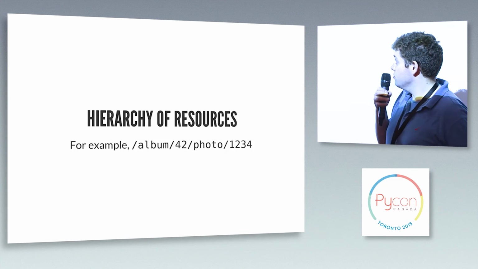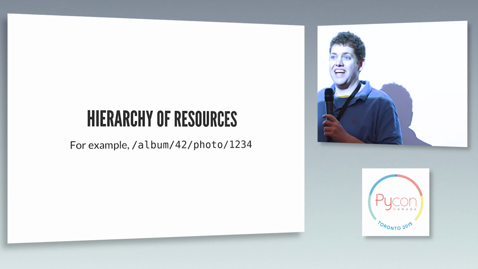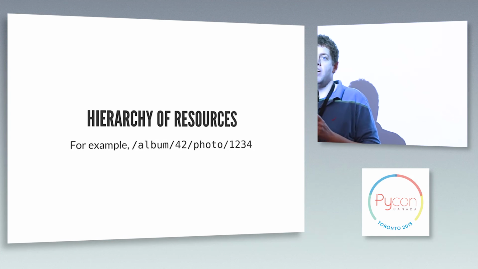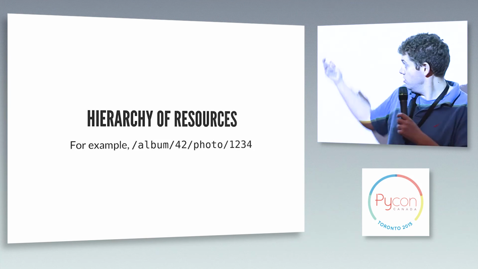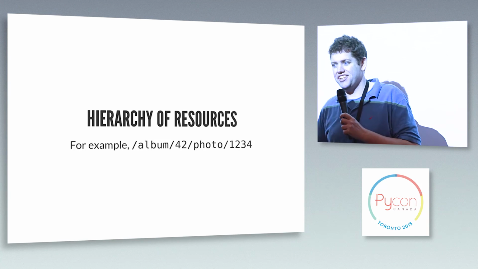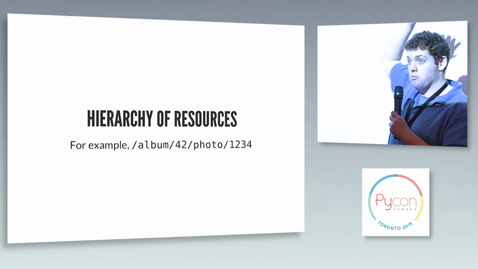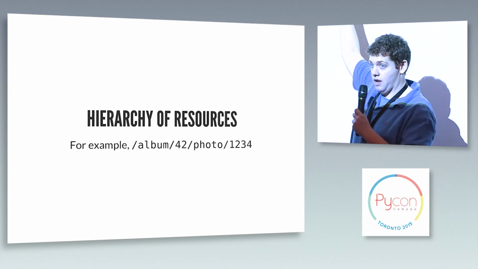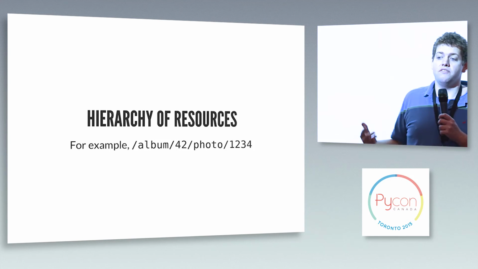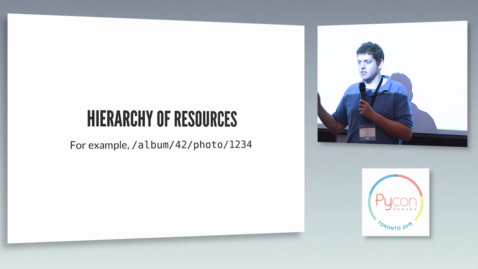So if a user requests this URL with the ID of an album that does not exist, or that he does not have access to, it should give him a 404. So if that ID 42 is incorrect, it should give him a 404. And in addition, if he specifies the ID of a photo that might exist but is not part of album number 42, it should again give him a 404 to tell him the resource, as described in this URL, does not exist at all.